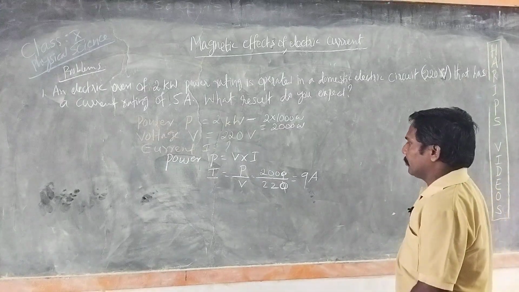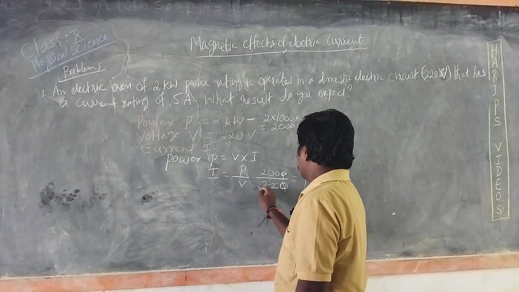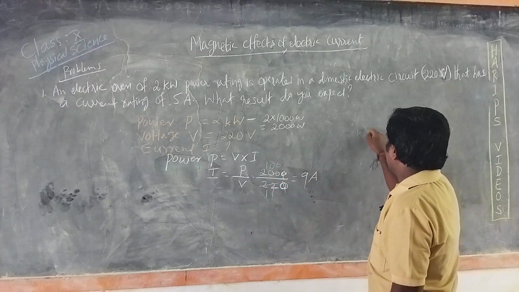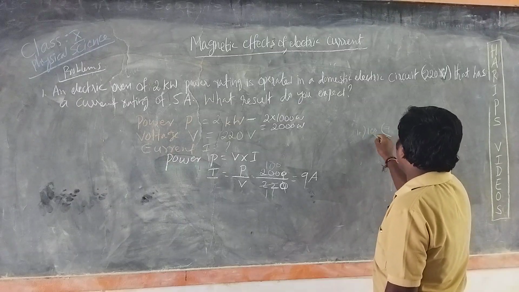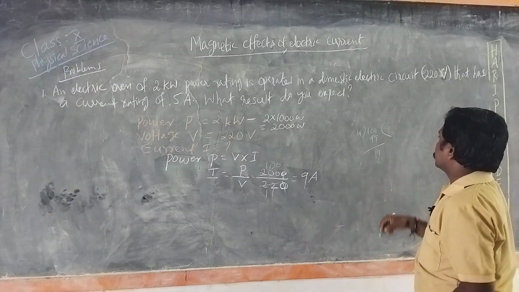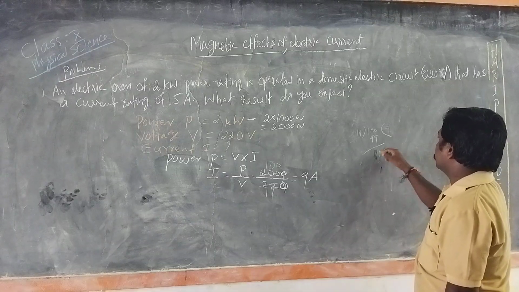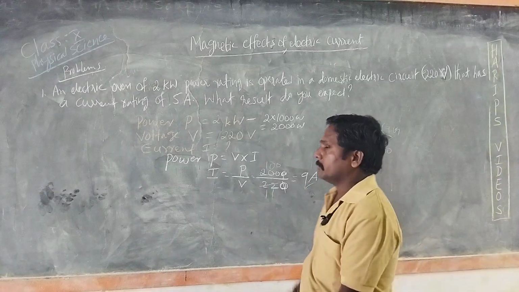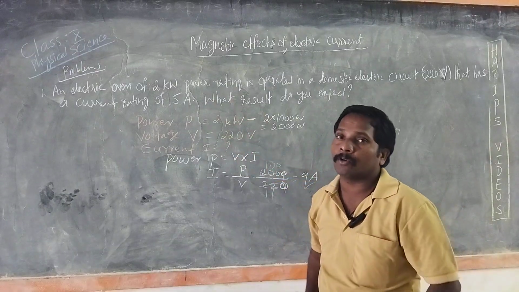Let us do the division: 220 into 9 is 198, so 9 point something will come. So approximately 9 amperes of current is actually consumed by the electric oven.